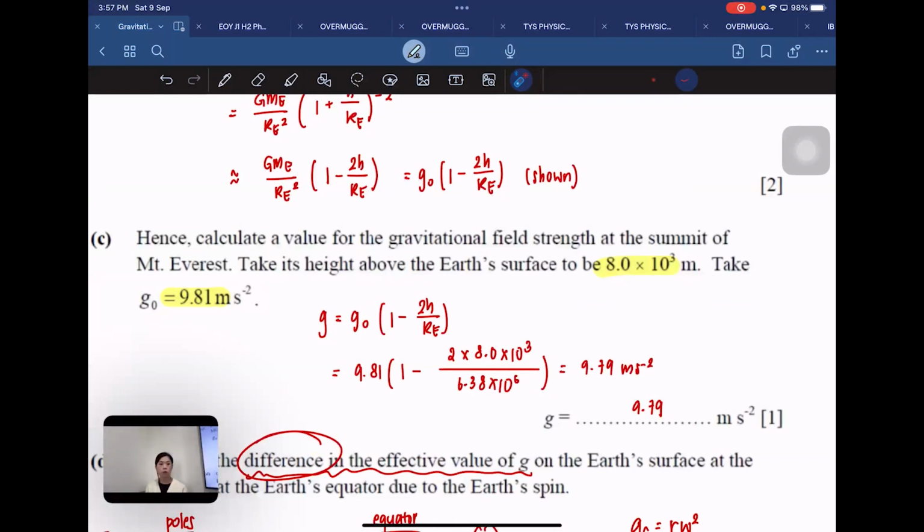Then you should be able to get a g value to be 9.73. Okay.